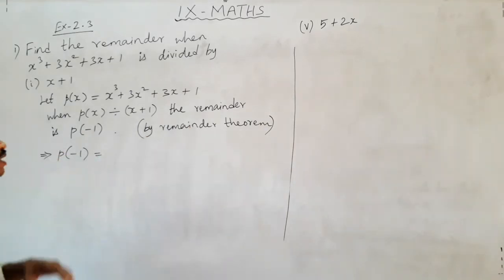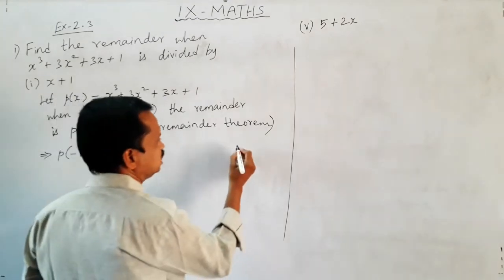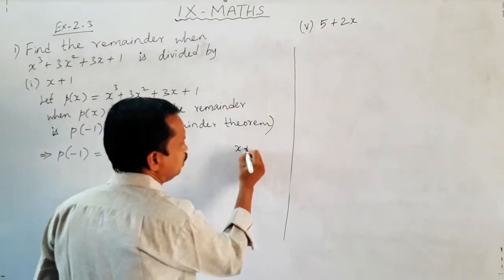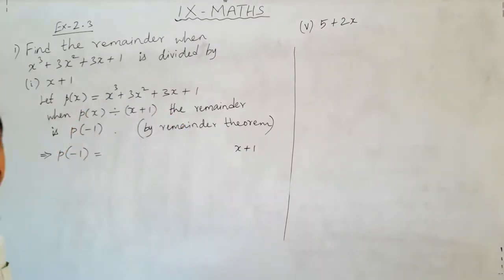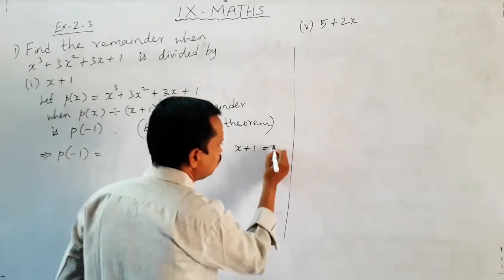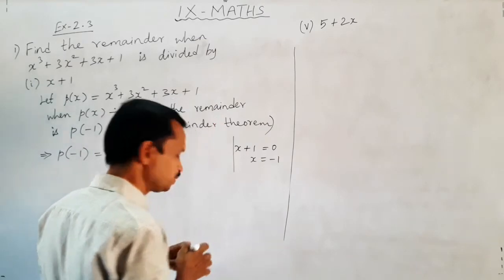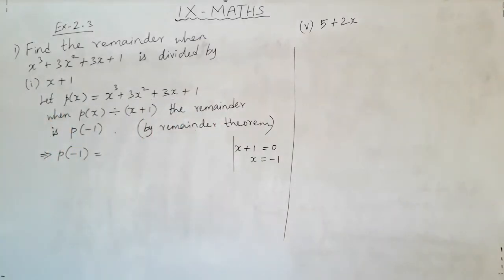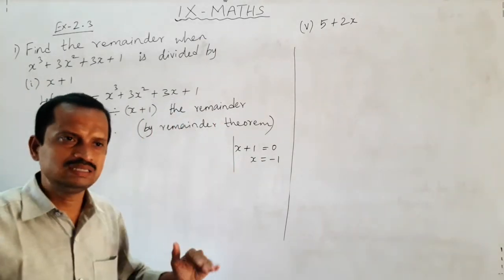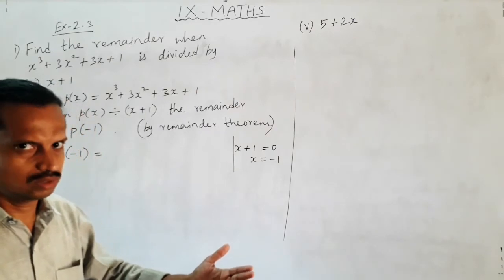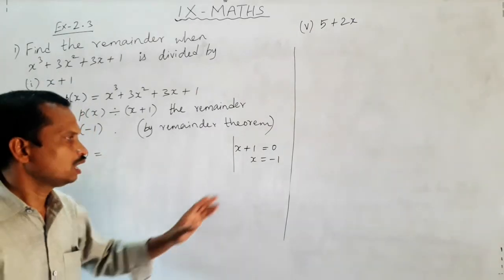How are we saying this here? The explanation: x plus 1 is the divisor, so we have to equate it to 0 and we get x equal to minus 1. Clear or not? So just we have to find the 0 of the divisor, and we have to substitute.